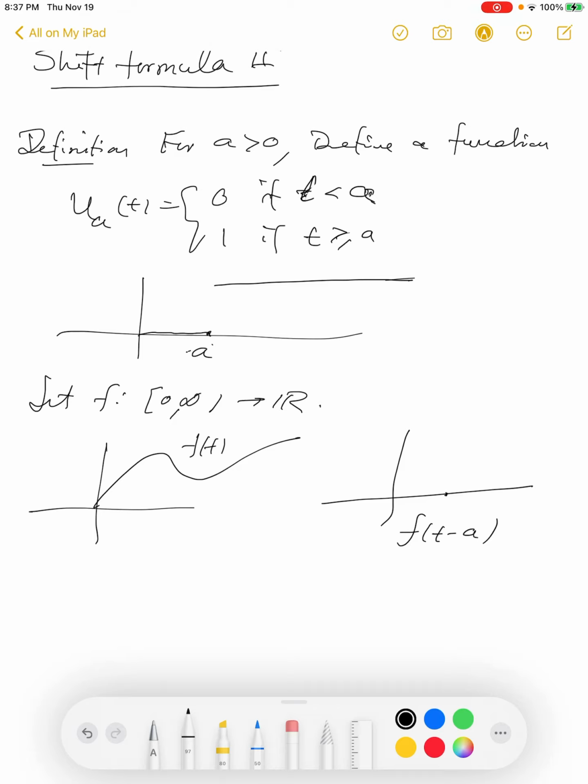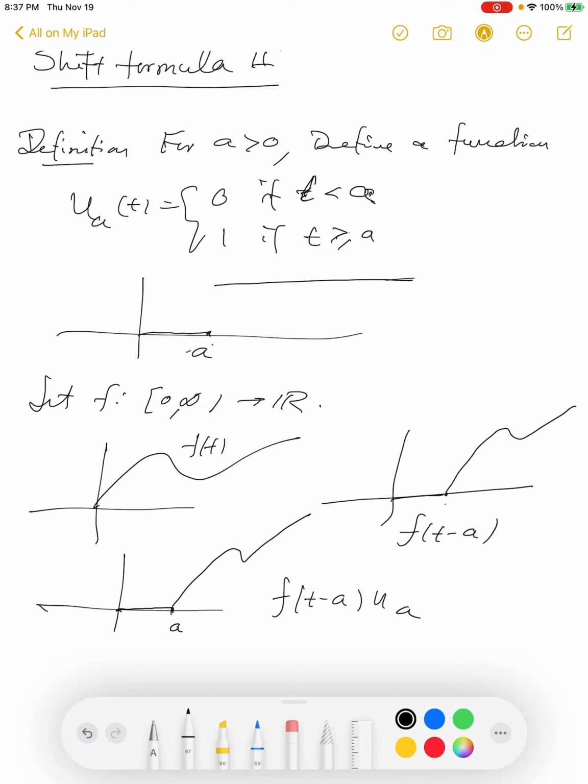So the graph of this function would be something like that. Now to make it more formal, I look at the function f of t minus a times u sub a. This function has a graph which is 0 till a, and after a, u will be 1, and so it will be the graph of f.